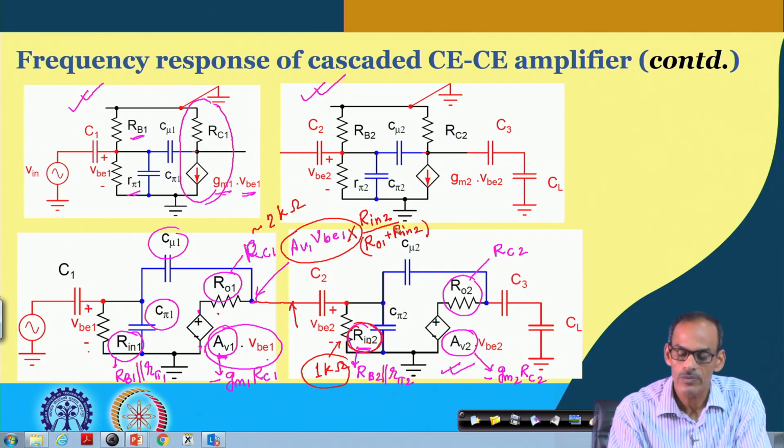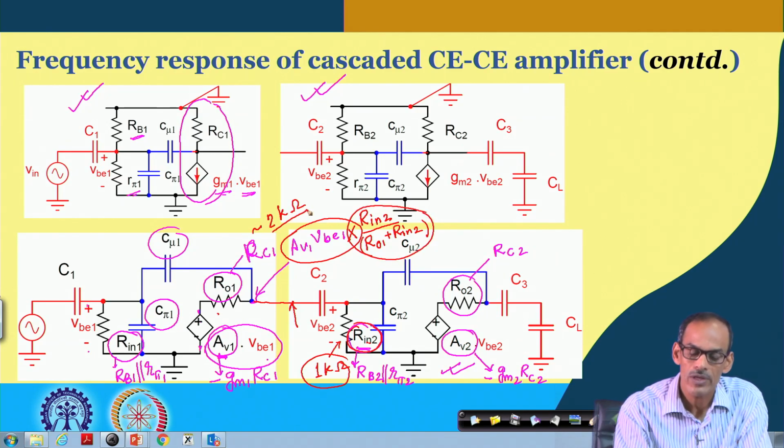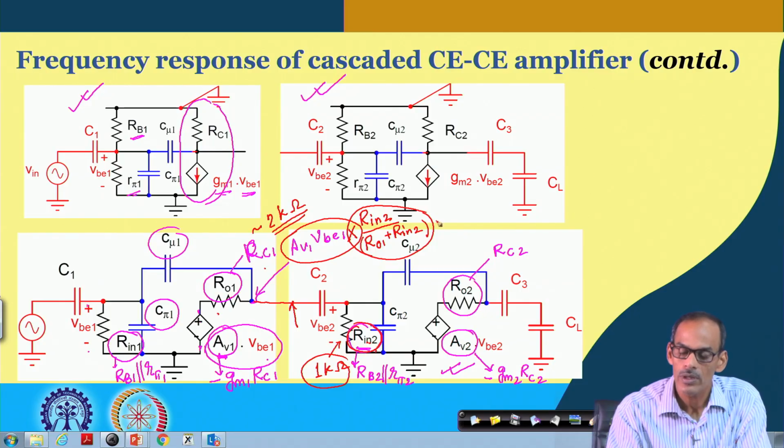As a result, we can see this factor will be 1/3. So, with this value of RC1 and Rin2, this factor becomes 1/3.